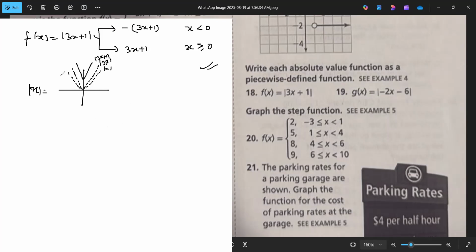This is 18 actually. Multiply x on both sides. This is 19.